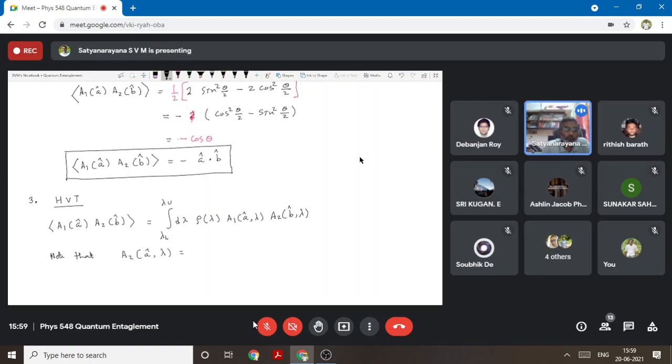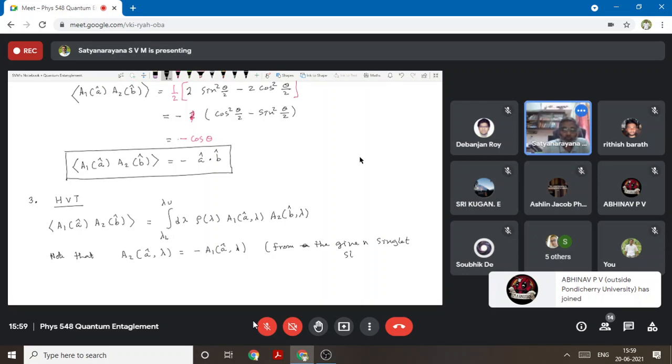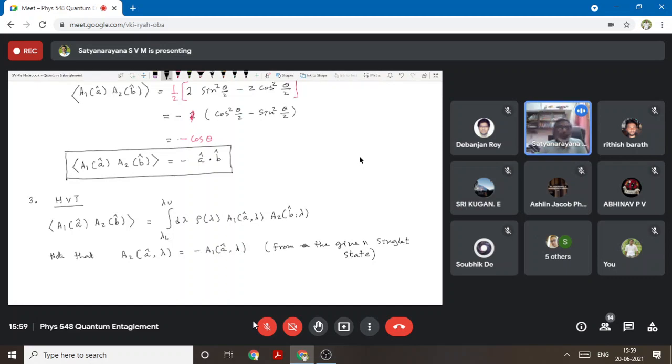A2 of A of lambda is basically equal to minus A1 of A of lambda. How do we know this? This is known from the given state. And our state is a singlet state. From the given singlet state, we know that the value A2 of A of lambda is equal to minus A1 of A of lambda.